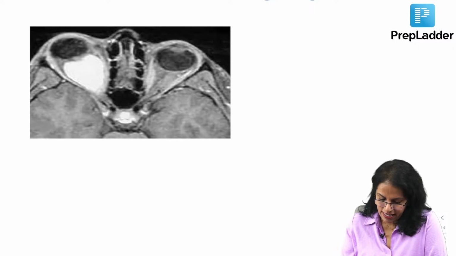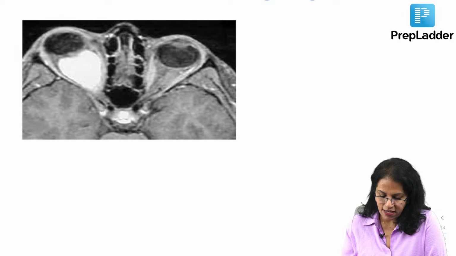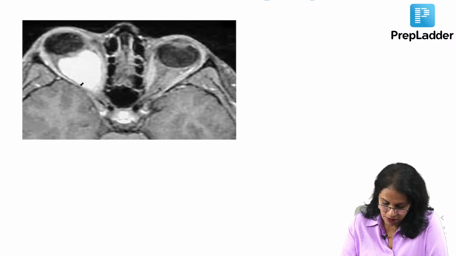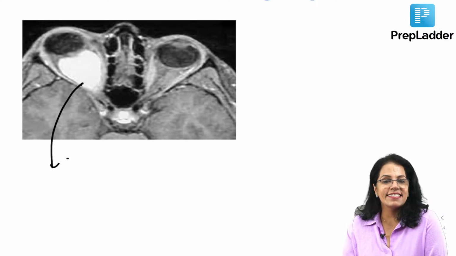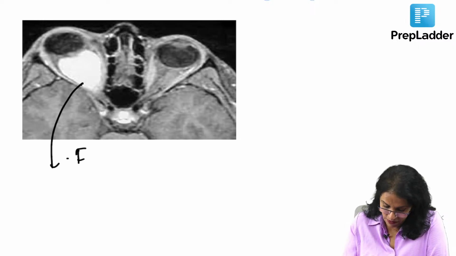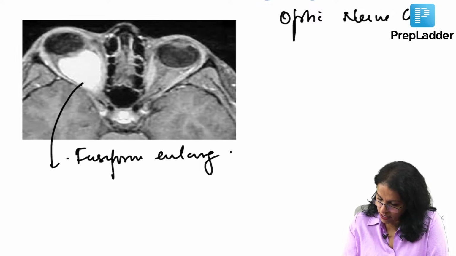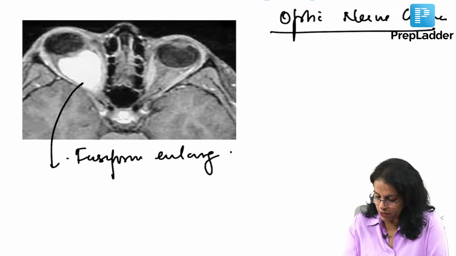Okay, tell me. I can see this is a CT scan showing me the fusiform enlargement of the optic nerve on the left side, isn't it? So, if this is a fusiform enlargement of optic nerve, we are talking about optic nerve glioma. Very good. What are the points asked in the exam for optic nerve glioma? More common in NF1.